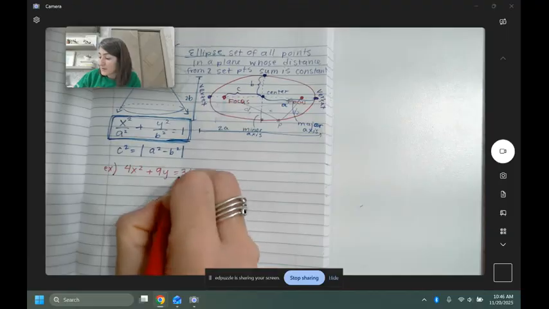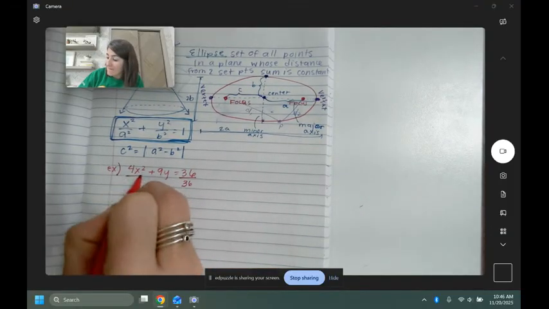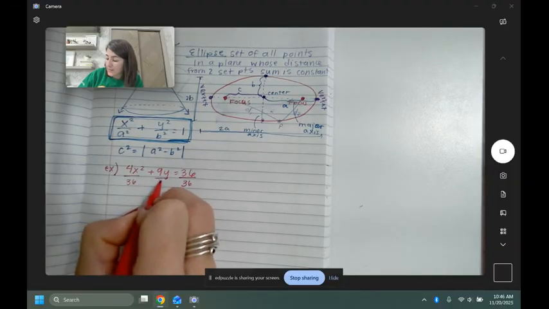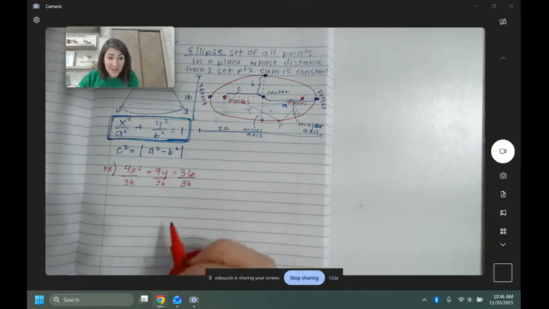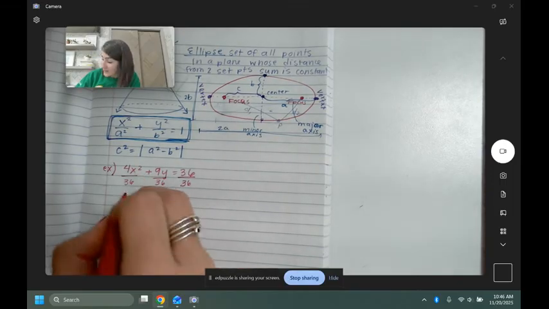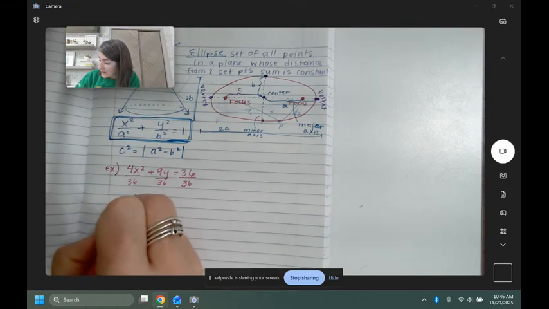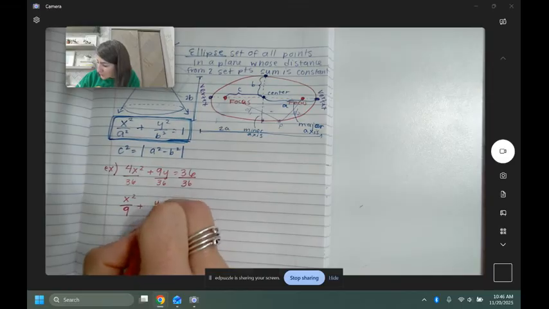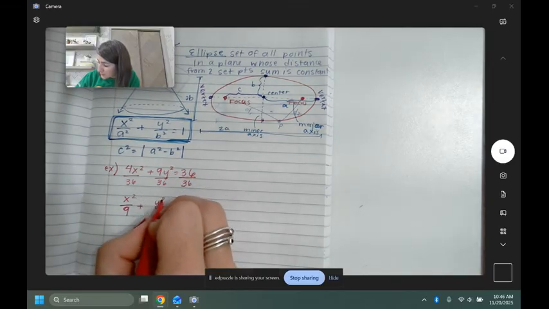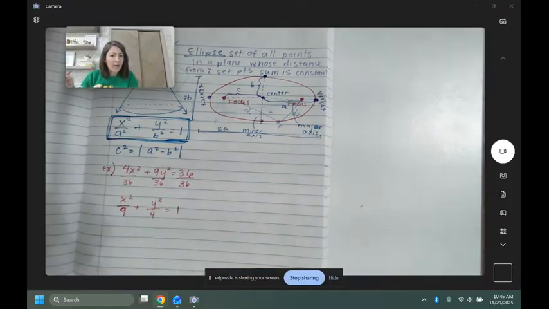Instead, I'm going to divide everything by 36. Then let's reduce our fractions. 4/36 reduces to 1/9, and 9/36 reduces to 1/4, equals 1.